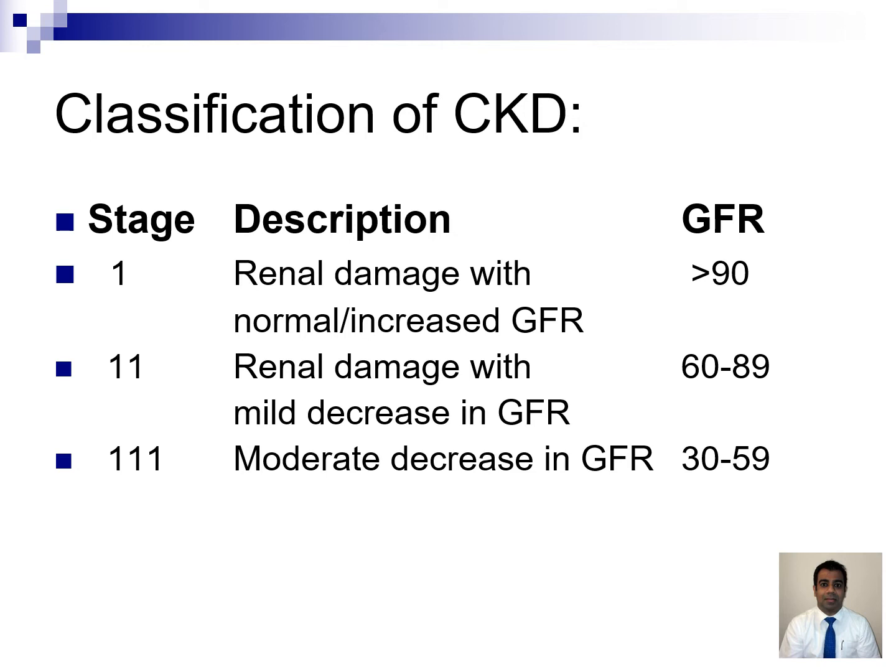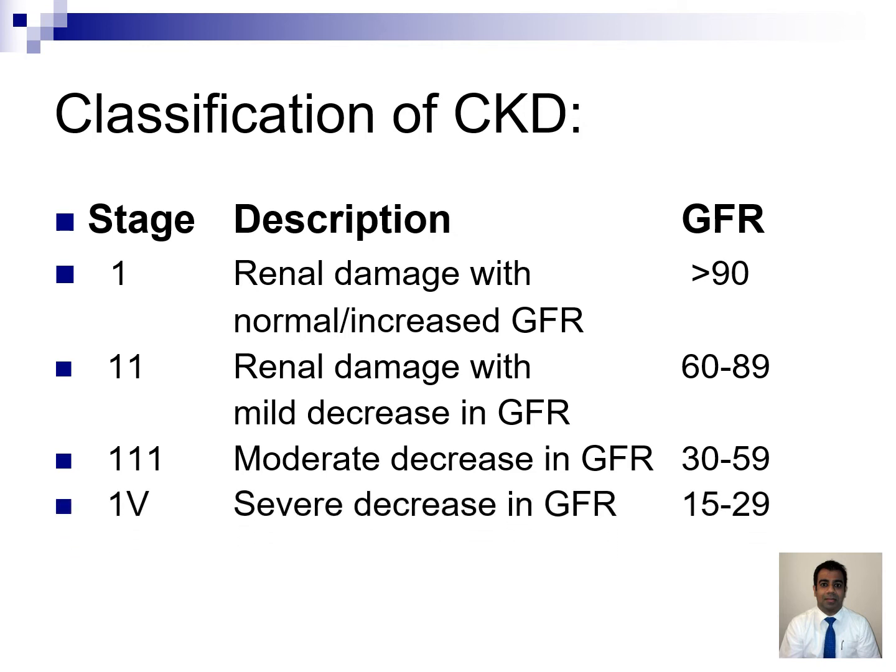Stage 2 CKD is where there is mild renal damage and a mild decrease in glomerular filtration rate, with the GFR lying between 60 and 89. Stage 3 is where there is a moderate decrease in glomerular filtration rate, and the GFR falls to between 30 and 59. Stage 4 CKD is where there is a severe decrease in GFR, between 15 and 29, and end-stage renal failure, or stage 5 CKD, is where the GFR is below 15.